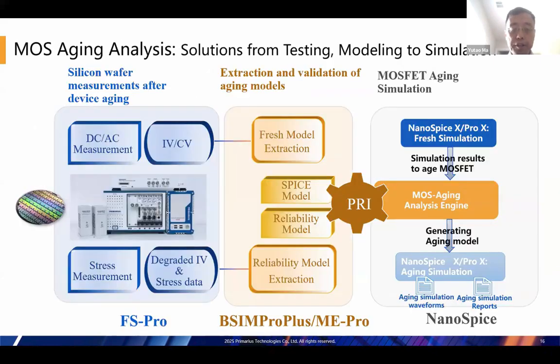Also, aging analysis is a tough problem, from the measurement to modeling to circuit verification. Because when we do reliability simulation, we need to create an accurate and reliable model. And those models need special setup for device behavior measurement.